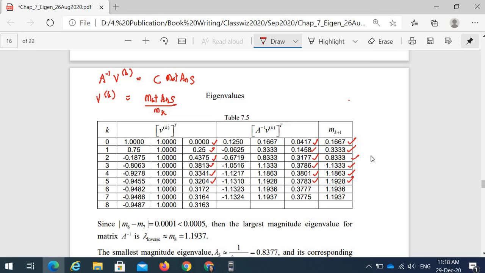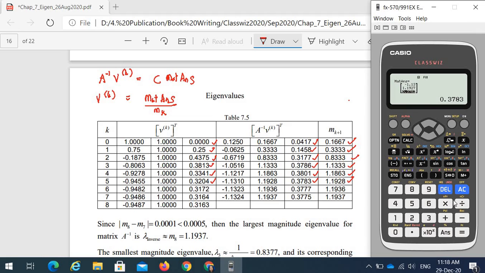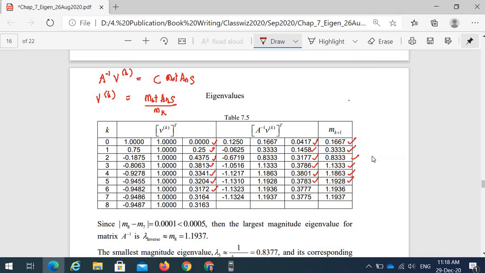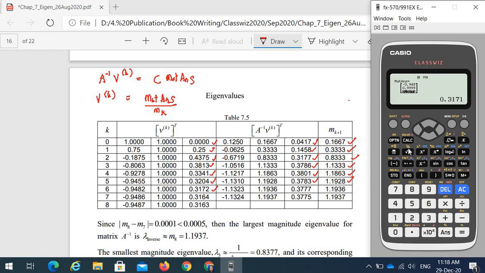So repeat to get the next Vk. Max answer divide by 1.1928. You get here 0.9482, and then 0.3171.